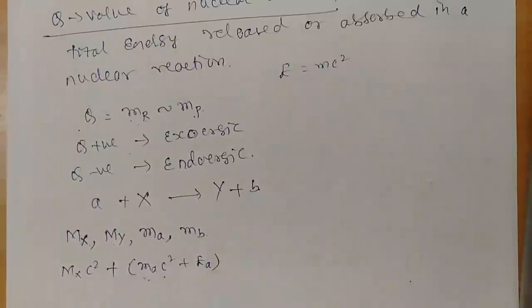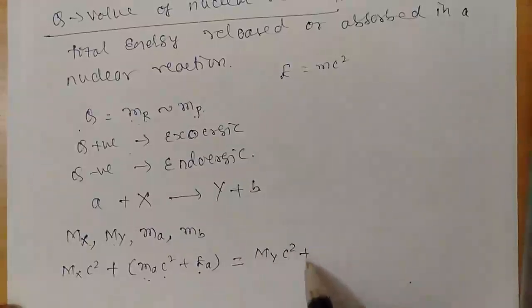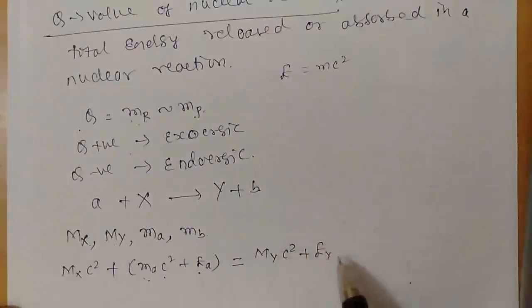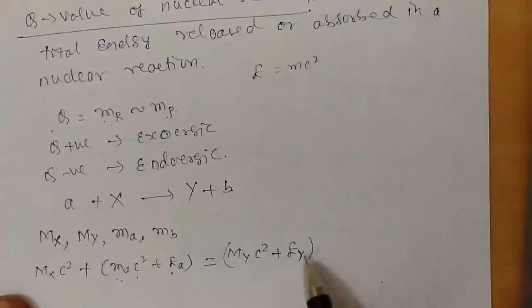Since the projectile will be in motion, we have to consider its kinetic energy, so I take Ea as the kinetic energy of the projectile. This is before the reaction, and it must be equal to My c square, the rest mass energy of the product nucleus that is formed, plus Ey, the kinetic energy of the residual nucleus.